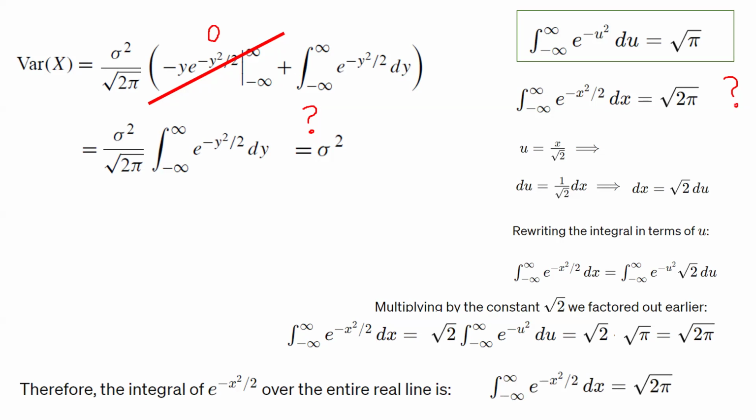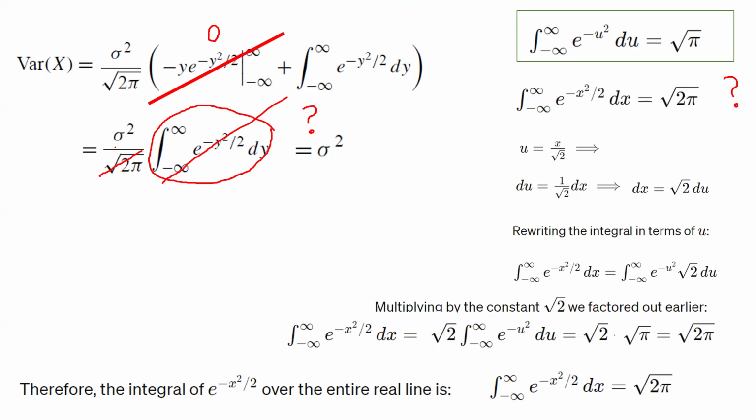The integral of e to the power negative x squared divided by 2 dx is square root of 2 pi. This is this integral on this side. So you can basically cancel out the integral and square root of 2 pi because they are the same thing: one in the numerator, one in the denominator.